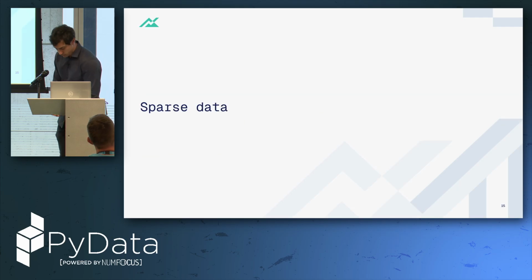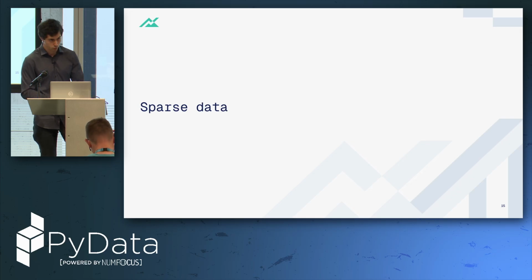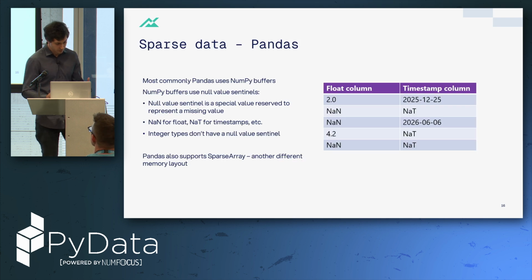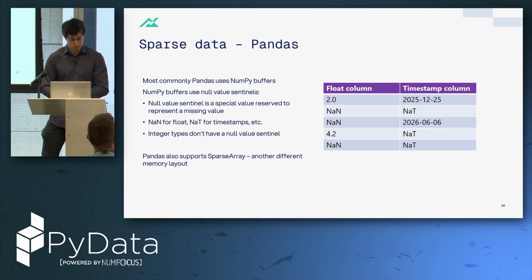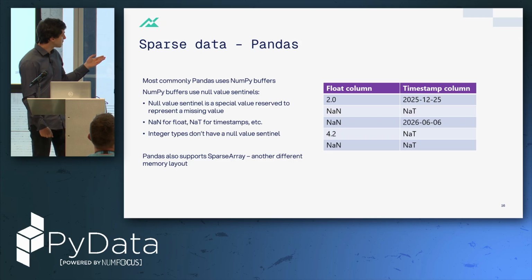So that's it for the memory layout, and we can talk a bit about how sparse data is handled differently between the two frequently used memory layouts. So in Pandas, with NumPy buffers, the de facto way to handle sparse data is with what are called no value sentinels. For example, if we have a float column, we would just put NaNs inside the float column, or if you have a timestamp column, you put NaTs, not a time, in the timestamp column.